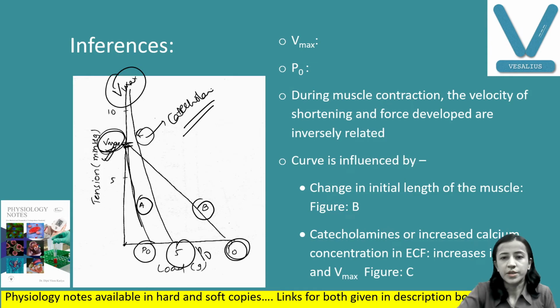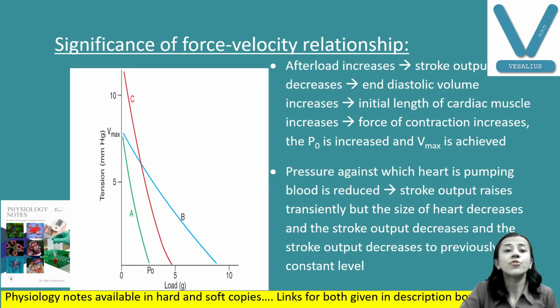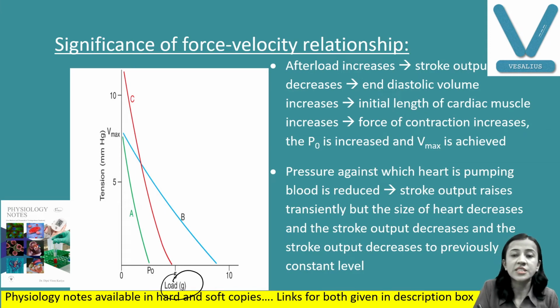Okay. So what is the significance of the force velocity relationship? When the afterload increases, stroke output decreases. When end diastolic volume increases, the initial length of the muscle fiber increases, so the force of contraction increases, P0 is increased, and V maximum is achieved.